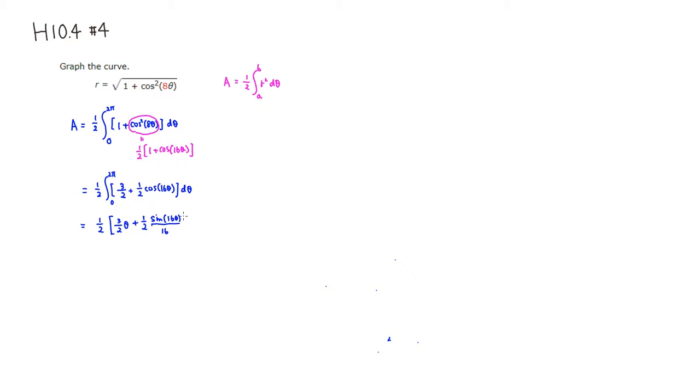And then you're going from 0 to 2 pi. So this is going to be 1/2, and then we plug in 2 pi, so it's going to be 3 pi there. If you plug in 2 pi there, sine of 32 pi is 0, so the second term goes away. If you plug in 0, sine of 0 is 0. It's just going to be that. So the area is just 3 pi over 2.